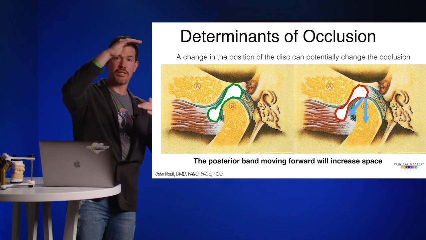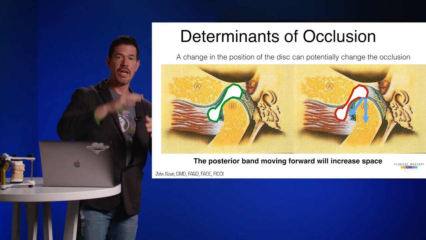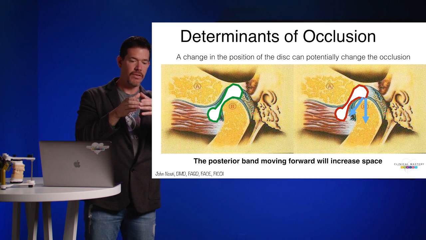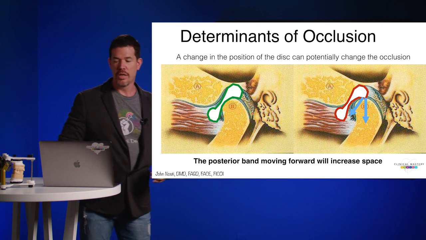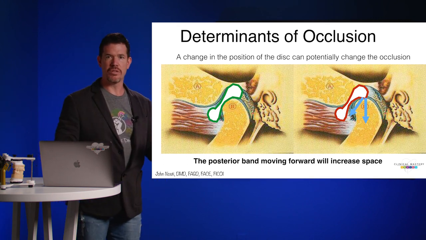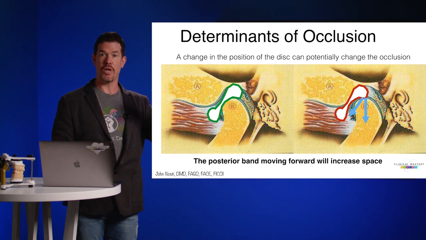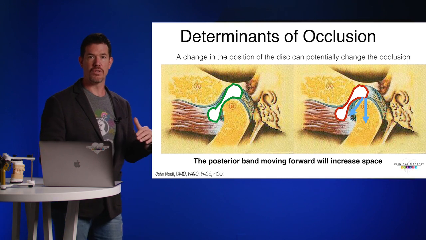If we increase space between those two, it is going to drop the condyle down and drop the condyle forward. So let's see what happens to our patients when there is an increase of space between the bone of the jaw and the bone of the skull.